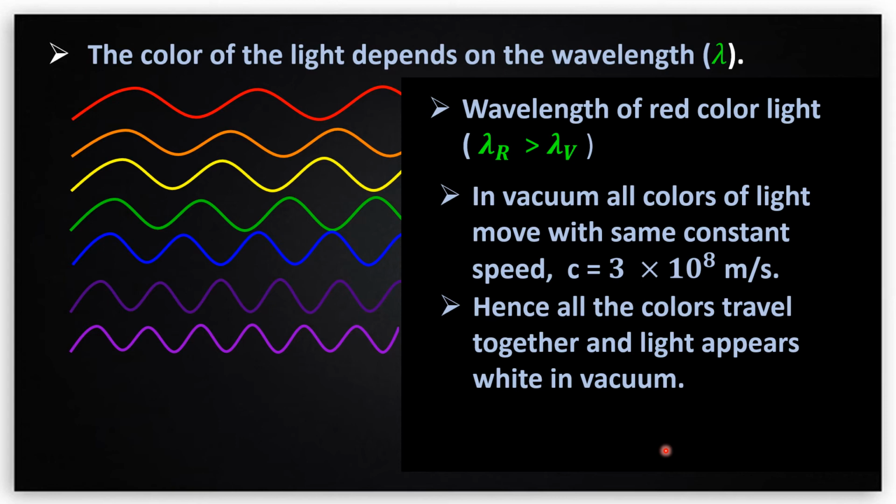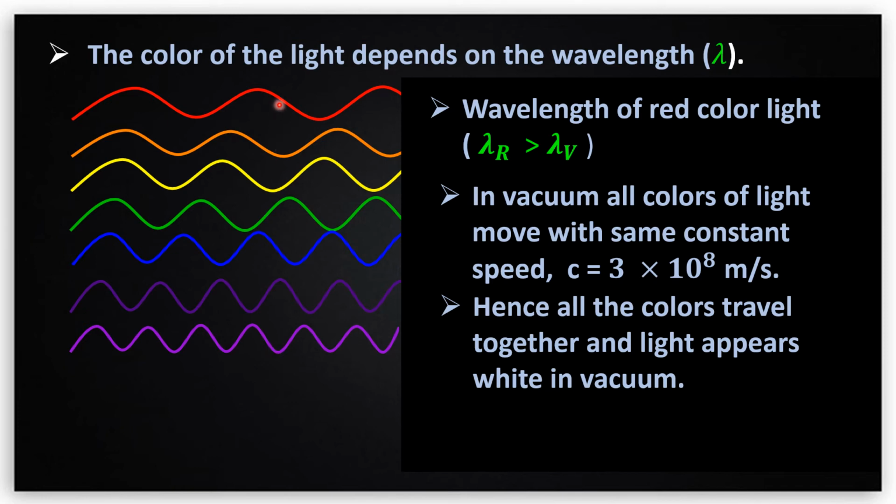But when this white color light is allowed to pass through a prism, then the speed of light changes in the medium. The red color light travels with more speed than violet color light.